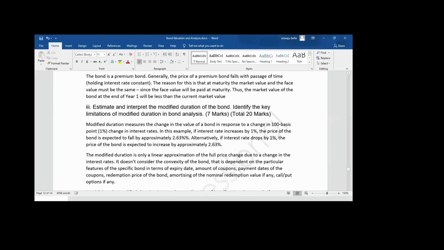Modified duration measures the change in the value of a bond in response to a change of 100 basis points. You can ignore that. In response to a 1% change in interest rate.